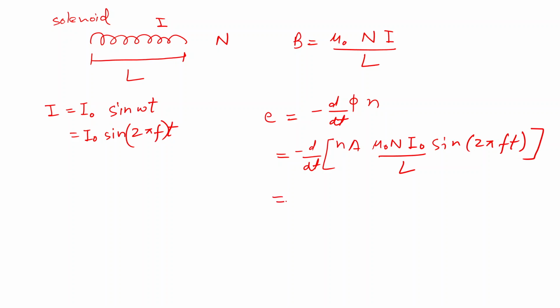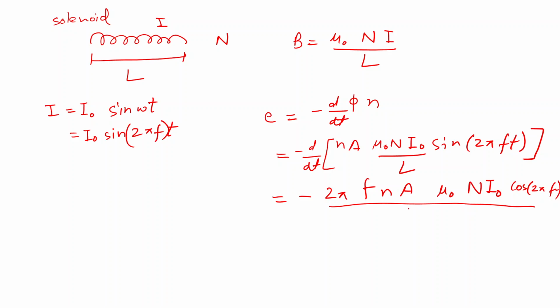And when we take the derivative, we get the final expression as minus 2 pi f N A mu naught N I naught cos 2 pi ft divided by L. Because of this solenoid, when we place another induction coil inside it, the induced EMF in that induction coil will be given by this expression.